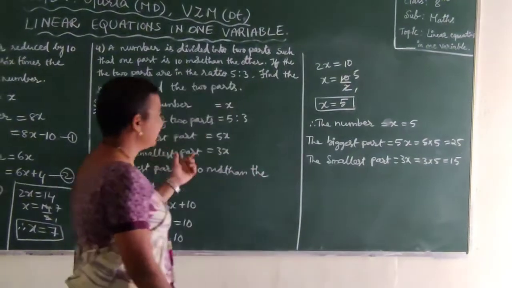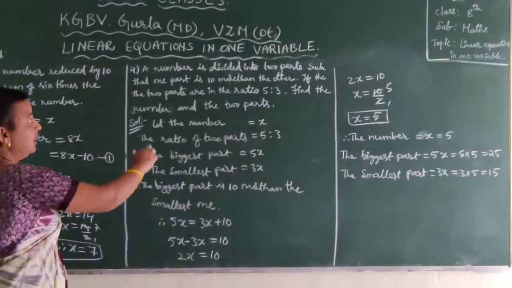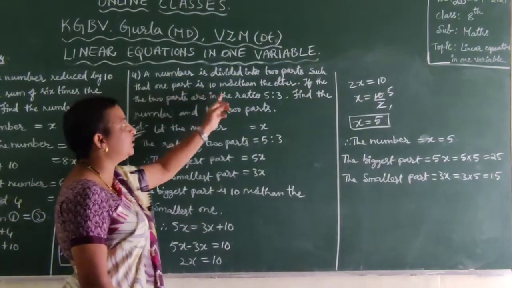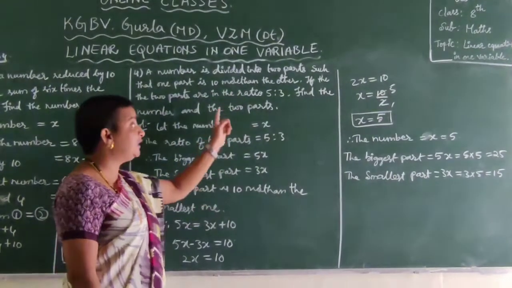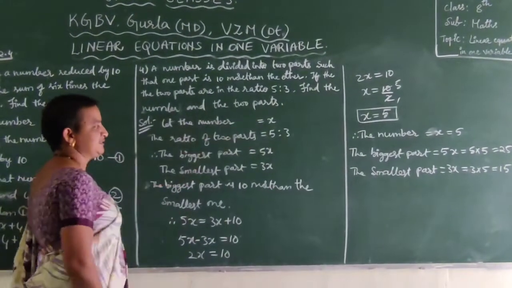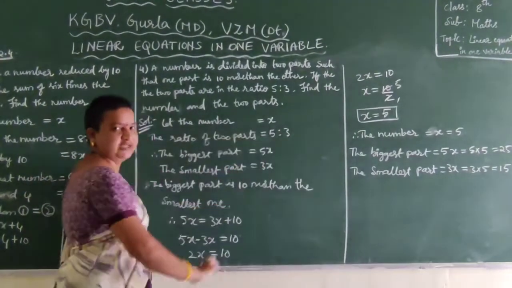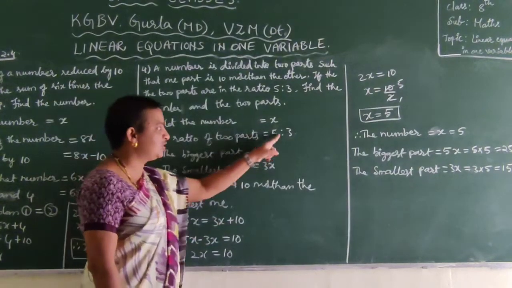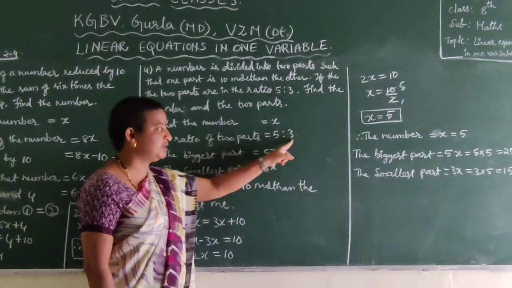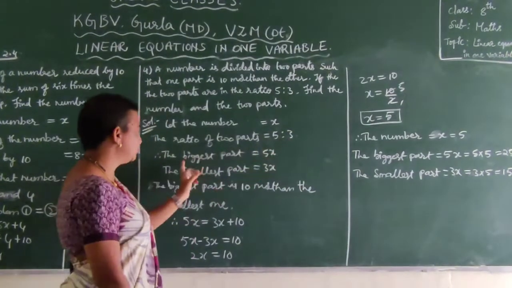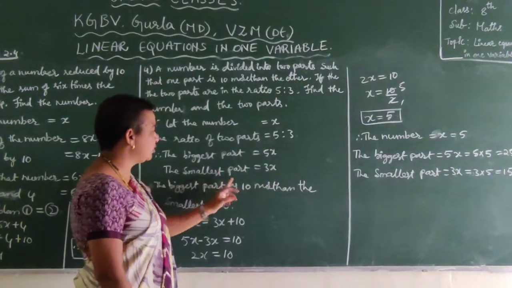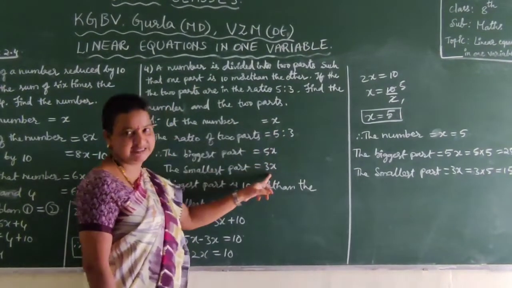Okay? Once again I repeat. There is a number divided into two parts such that one part is 10 more than the other and the ratio is 5:3. So let the number be x. The ratio is 5:3. So this is the more times, this is the less times. That's why this is the biggest part and the other is the smallest part. So the biggest part is 5 times of x, 5x, and the smallest one is 3 times of x, that means 3x.